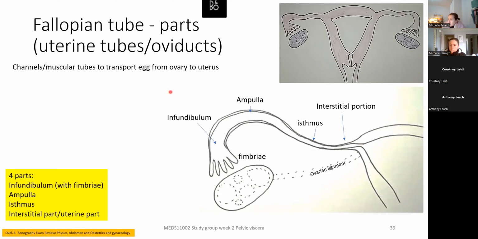I've heard fallopian tubes is an outdated term. You can use uterine tubes. You're going to find that different disciplines of medicine, from surgical to radiology to obstetrics, can call them different names. I'm just giving you all of them.